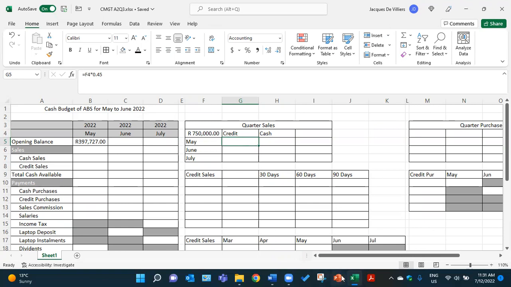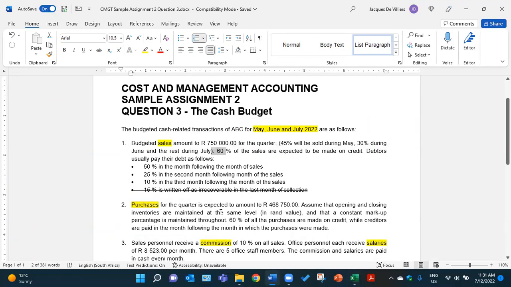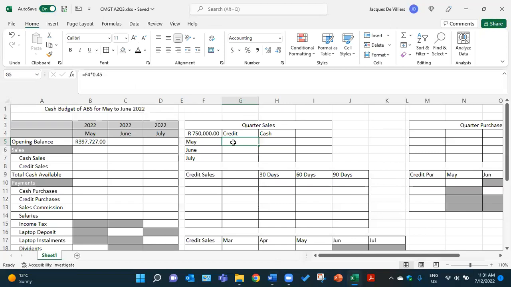Now, what did I do here? Why do I have 45% here? Something that I have to change. I think I was testing something else. Not a problem. We're just going to change it quickly. So it says that 60% of our sales, which is just 0.6, is on credit.